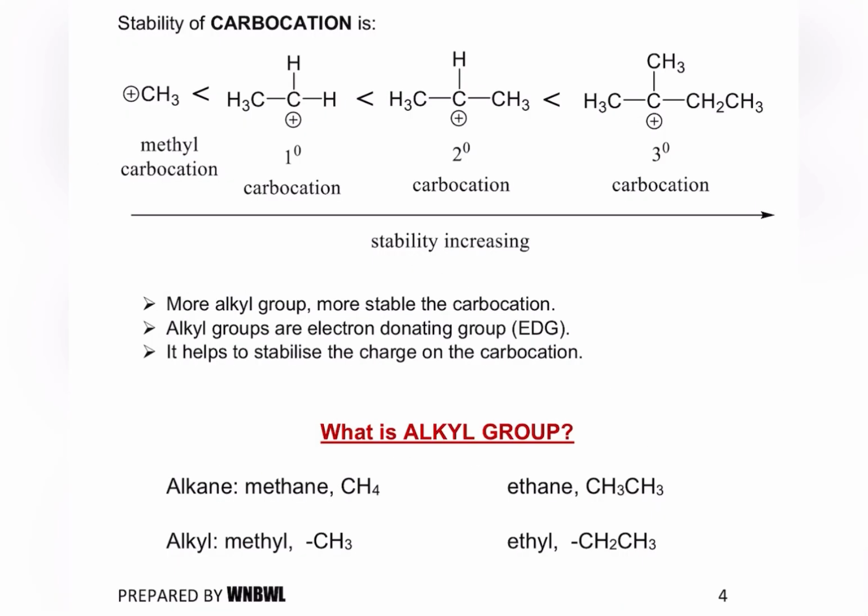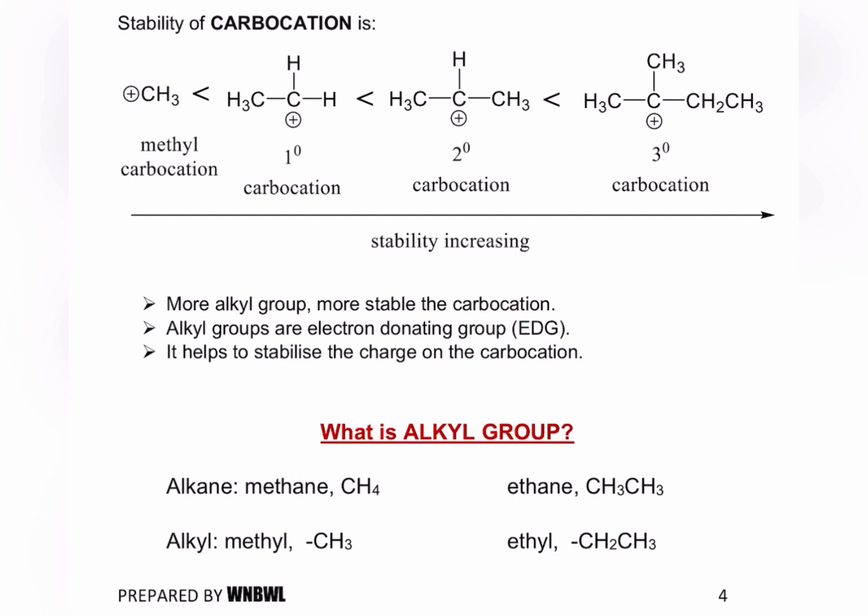Now we are going to take a look at the stability of carbocation. So the stability of carbocation depends on how many alkyl groups are attached to the carbocation. It's just the same case as free radical. The more alkyl groups, the more stable the carbocation.